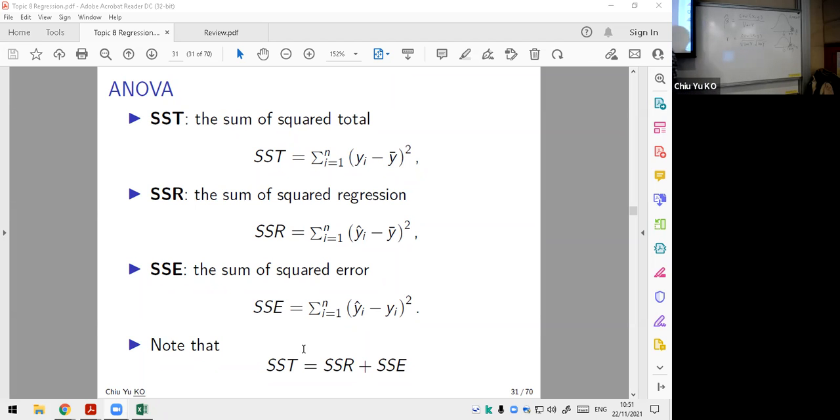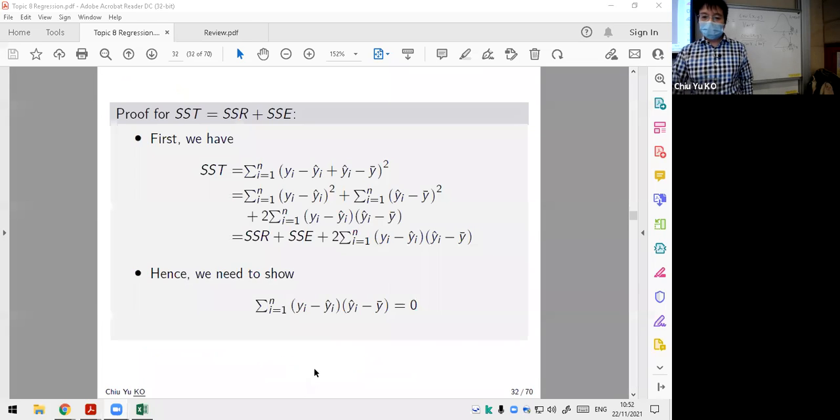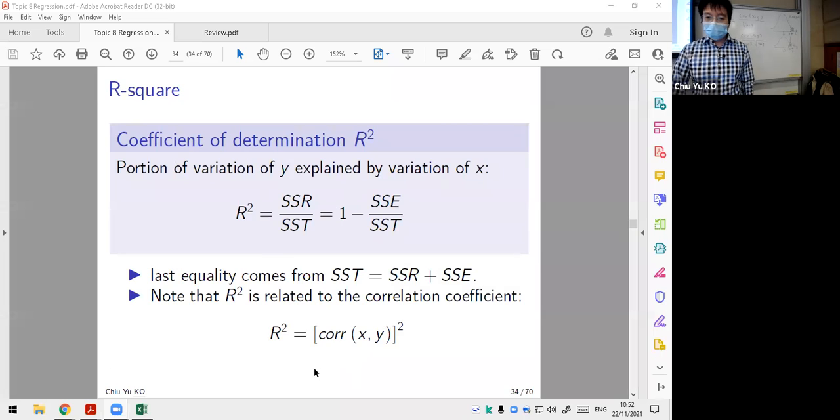Actually, you have the identity: the sum of squares total is decomposed into two parts. Basically, the thing you want to explain can be decomposed into the part the model explains and the part you didn't. In that case, you can calculate the ratio, right?